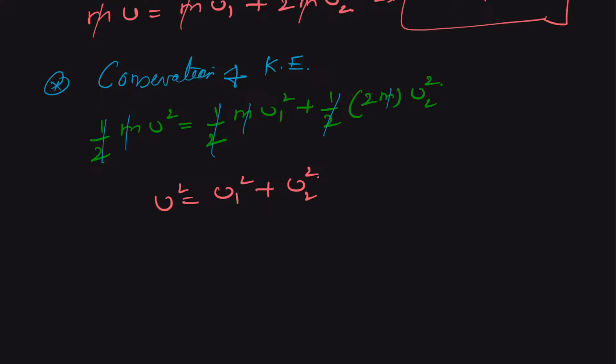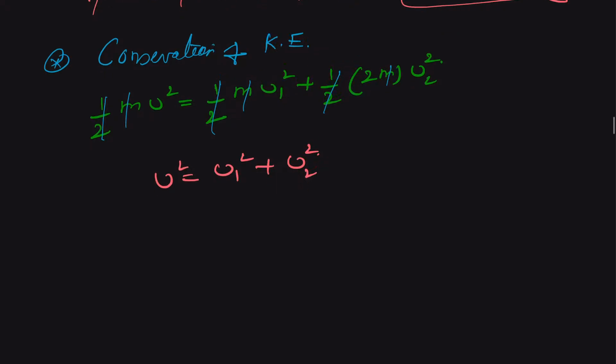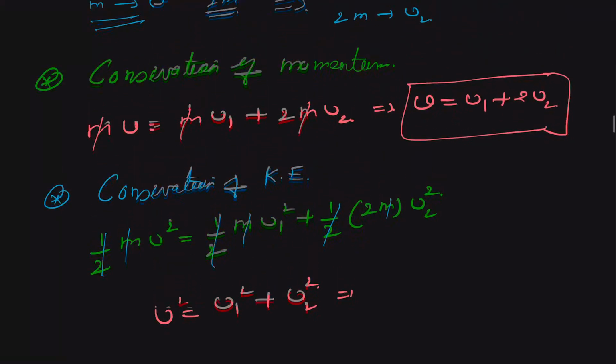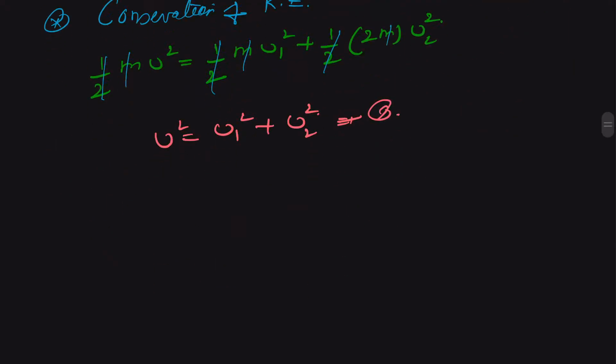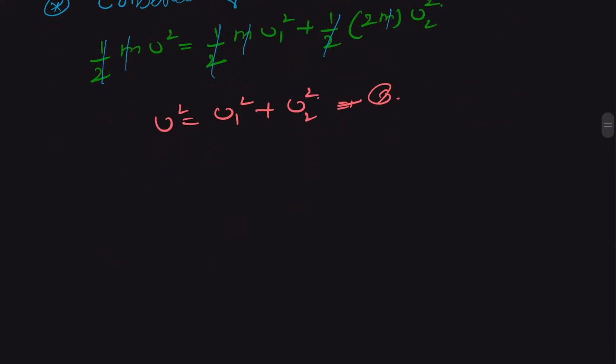And we are going to square the momentum equation because this is already squared. So let us call this equation number 1, this is equation number 2.